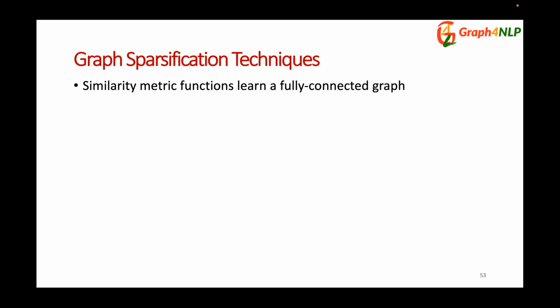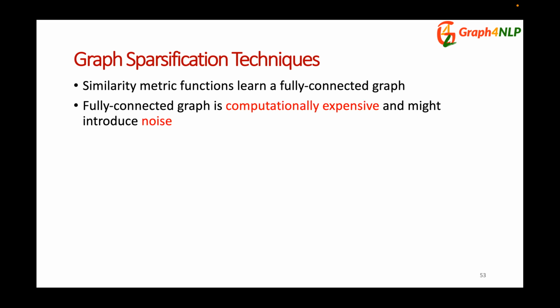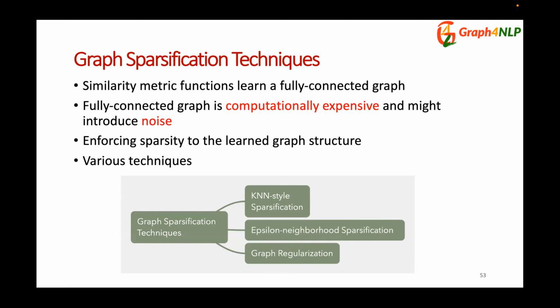Okay, now let's move to the graph sparsification techniques. So far, we have seen some similarity metric learning functions which can learn a fully connected graph. However, a fully connected graph is computationally expensive and might introduce noise. We might want to enforce sparsity on the learned graph structure to obtain a sparse graph by leveraging various techniques, which we will introduce next.